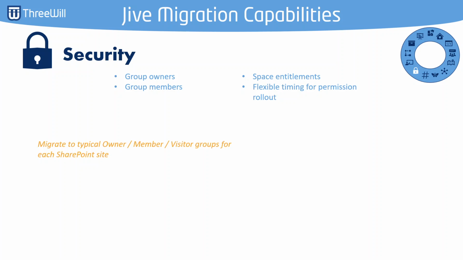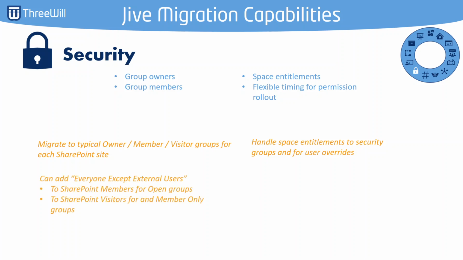So we use the SharePoint security groups of owner, member, and visitor, which map well to Jive group permissions. And then we have an algorithm for how Jive space entitlements map to those SharePoint security groups as well. And we can be flexible with you as to when the permissions are rolled out. Typically, owner permissions are migrated immediately after migrating a Jive place, and then member permissions are migrated when you're ready for go live.